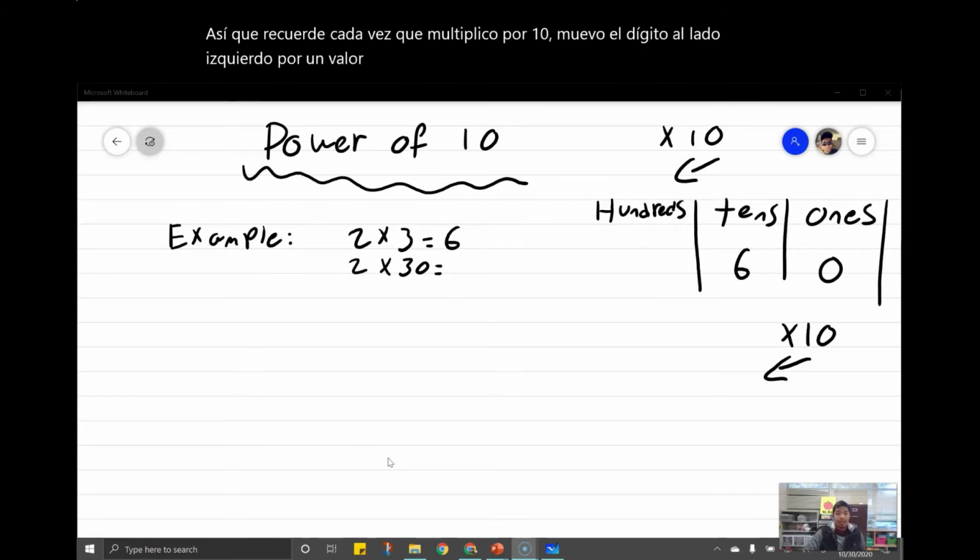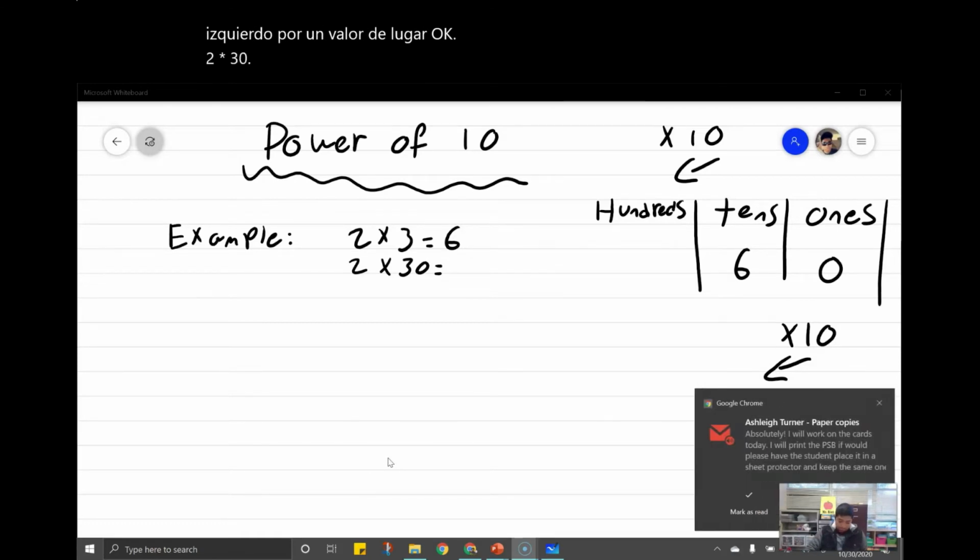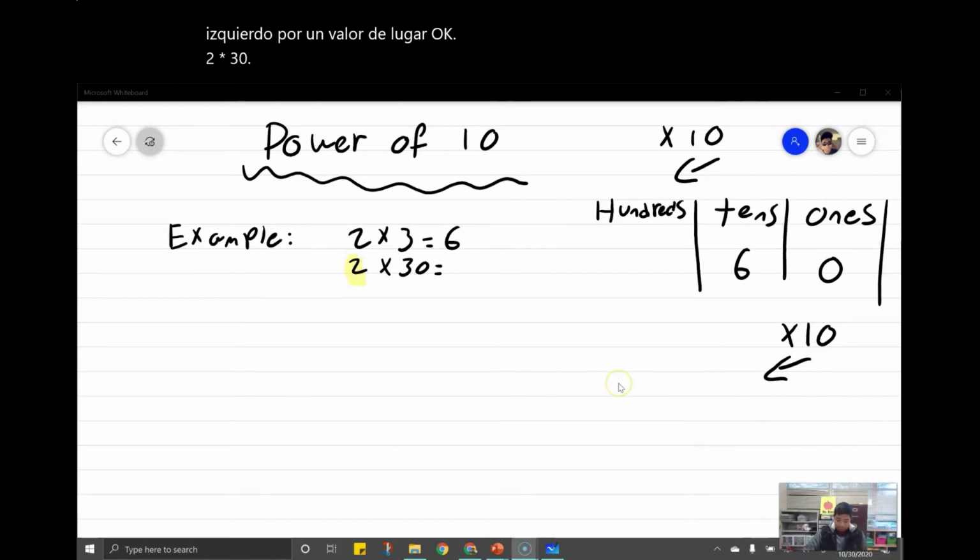So let's see. 2 times 30. Well, I know that 2 times 3 is 6, right? We know that. Now I just need to add this 0 and it becomes 60.